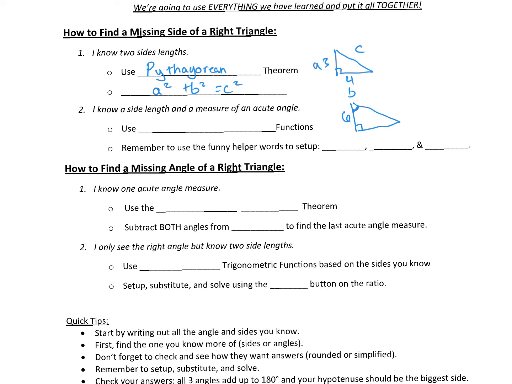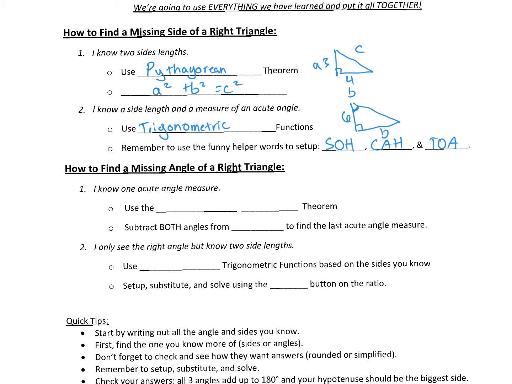I can find whatever this is, let's say this is B. I can find what B is by using a trigonometric function. Remember those funny little helpers in our trigonometric functions? So, soh, cah, and toa.